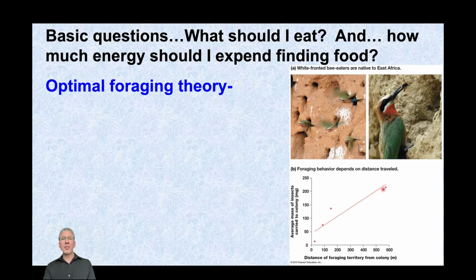If you think about it, that should make intuitive sense. The farther away you have to fly, the more energy it takes. In order to make it worth your while, you have to be able to bring back a fair amount of food. So this again illustrates the idea of maximizing the food that you are able to acquire relative to the energy that you spend acquiring that food. That's, again, the optimal foraging theory.